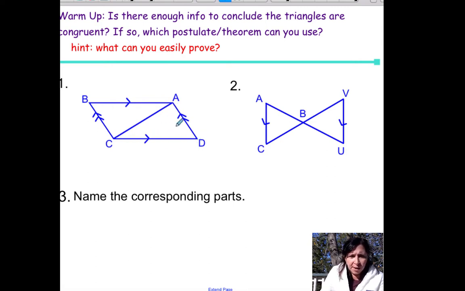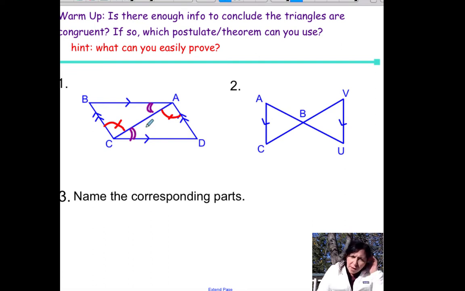So because AD is parallel to BC, we know this angle here is congruent to this angle here, okay? Because AB is parallel to CD, we know that this angle here is congruent to this angle here.